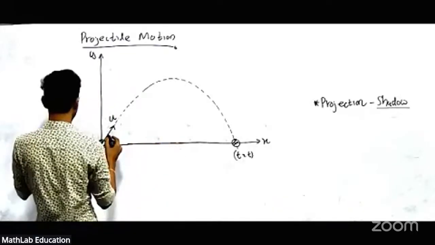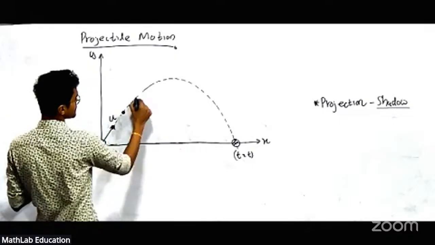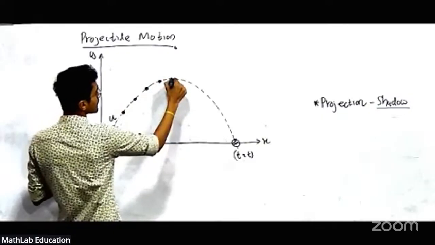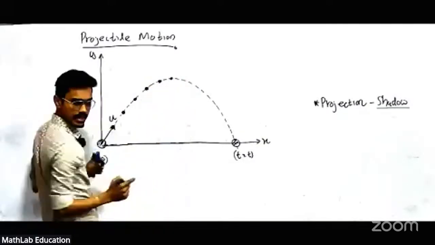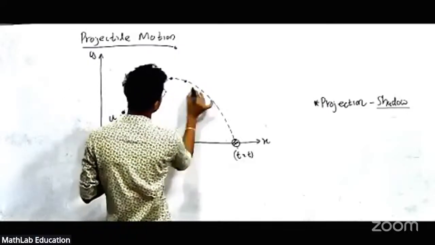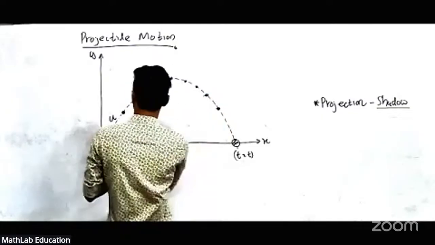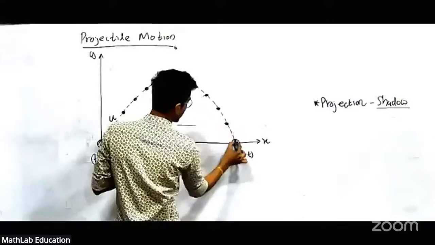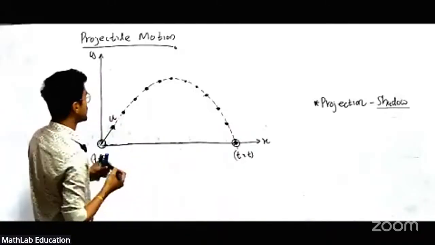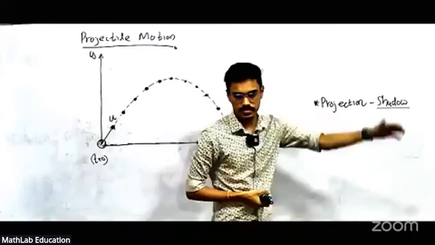Let's say after some time, my object is here. Again here, here, here. At some point, it reaches the maximum possible height. And on the other side, it is coming back like this, and finally it will be here. These are the random positions of the actual object when it undergoes this projectile motion.